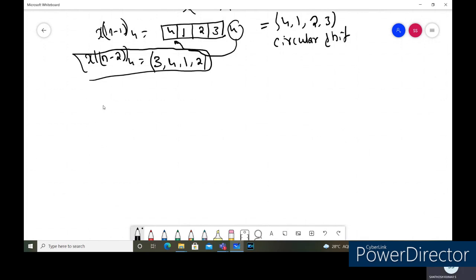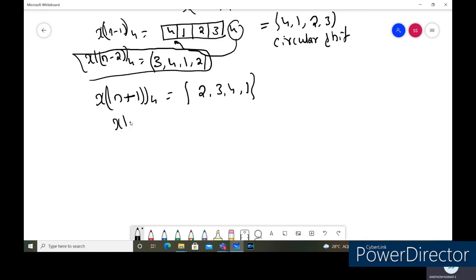the sequence towards the left side, for example, x of n plus 1 mod 4, the first element 1 will go out and come and occupy the last position. That is the left shift operation.